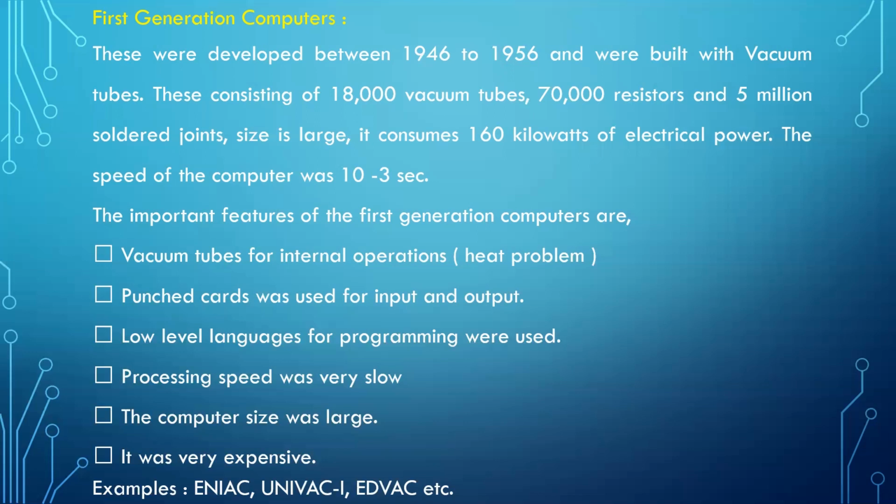So this language is called low-level language or machine language. It uses only the binary digits, 0 and 1. By using 0 and 1, we have to write the programs in the first generation computers.